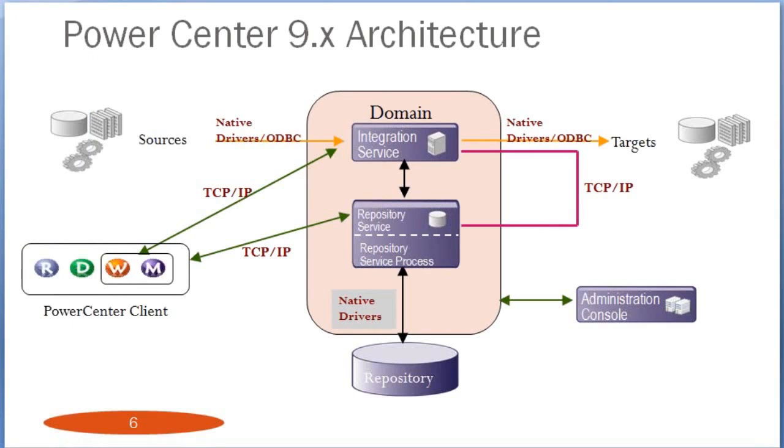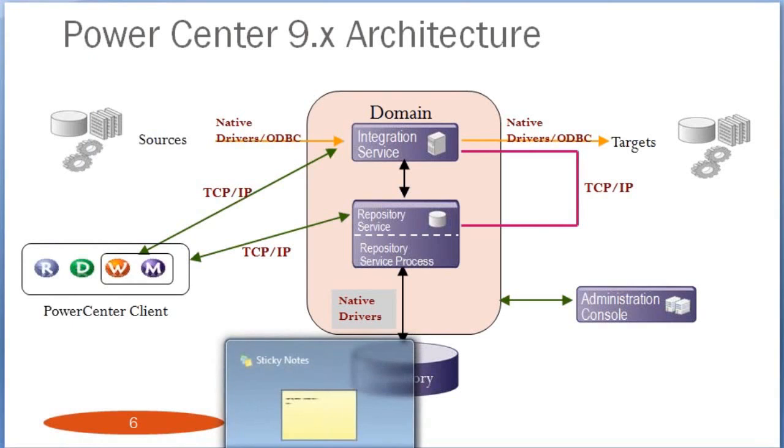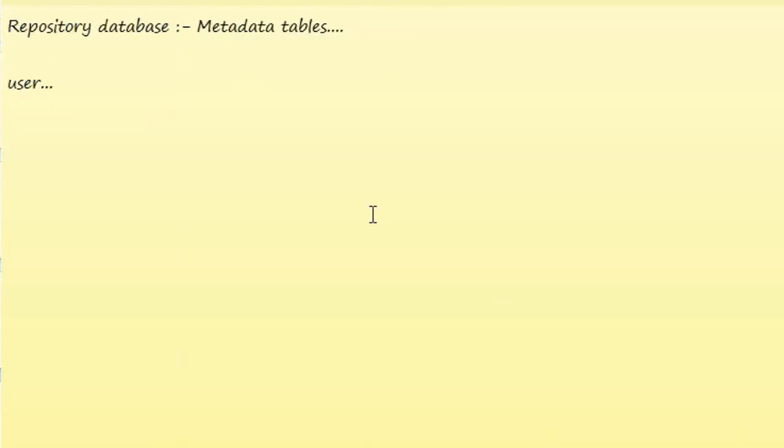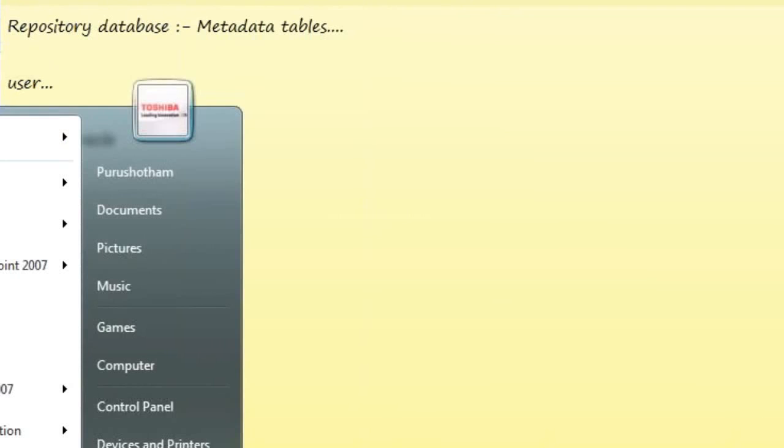After installing it, he might have created one user in the Oracle database. This user will be used to store all the metadata table information. So let me just try and connect to my database and then show you.